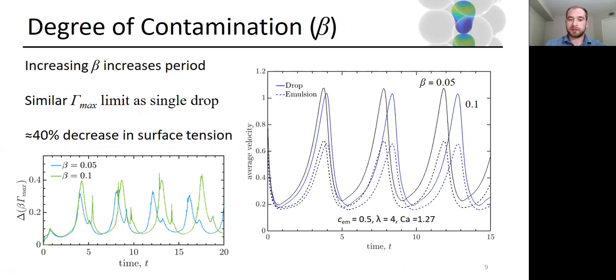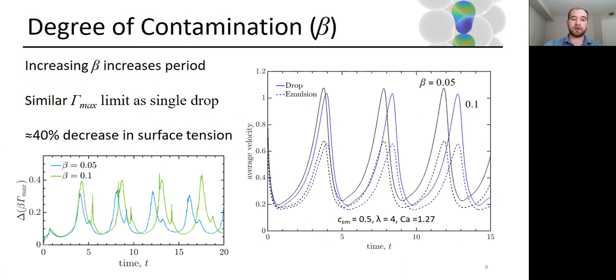We can also look at the effect of increasing the degree of contamination further, from what we'll say is low to moderate, or about beta equals 0.05 to beta equals 0.1. As you can see on the right here, the period of motion does increase again. Another interesting point is that there's a similar maximum surfactant concentration observed in these systems as for the case of a single drop in far field flow.